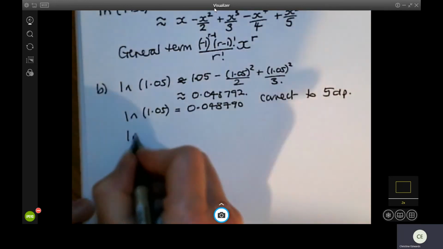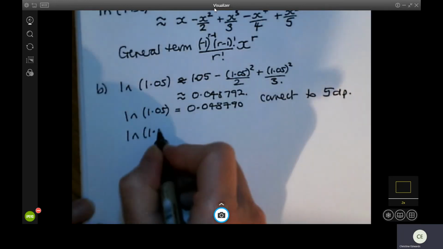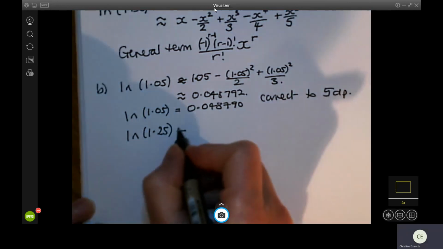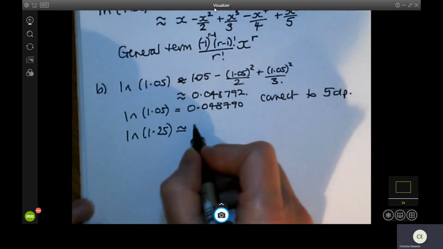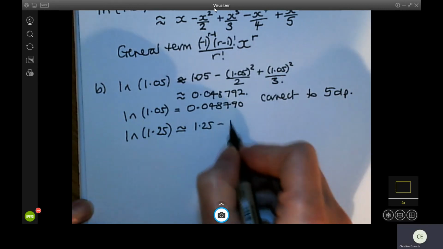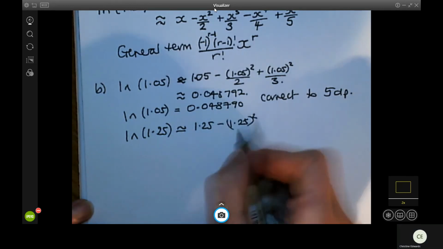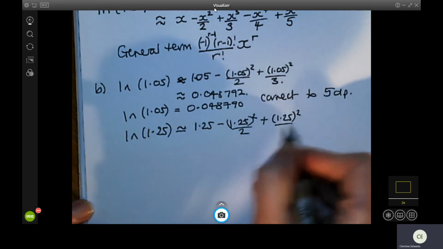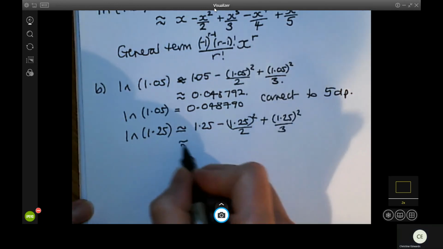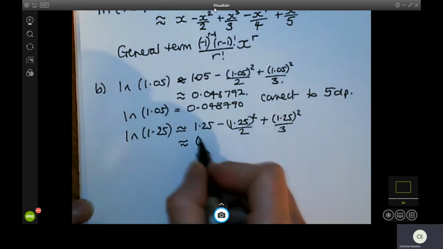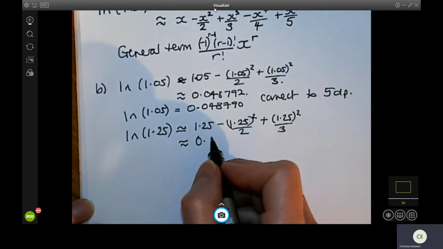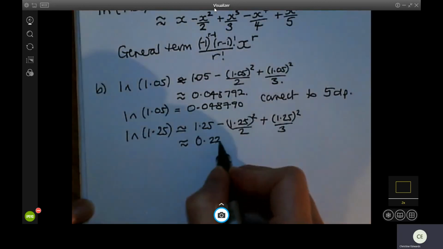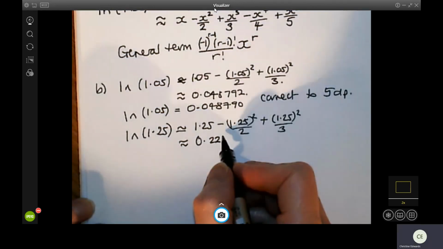Now let's think about the log of 1.25. If I sub into the Maclaurin expansion, I get an answer of 0.2240.